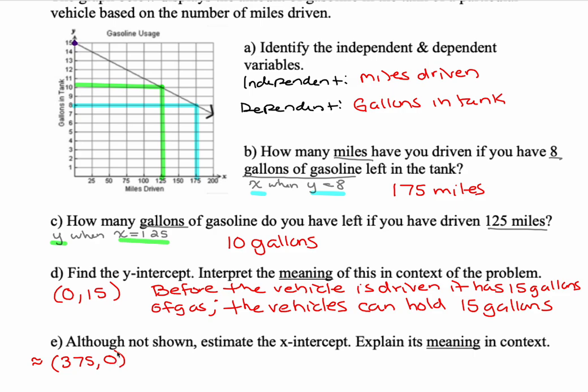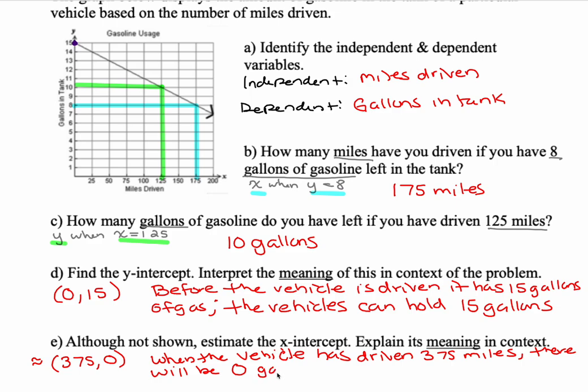So what does that mean? When the vehicle has driven 375 miles, there will be 0 gallons of gas in the tank.